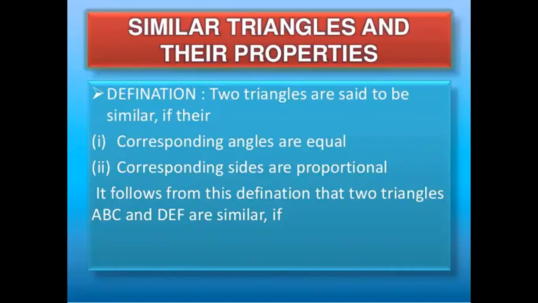Angles are equal, no matter how big one triangle is and how small the other is, their corresponding angles are equal. Or their corresponding sides are proportional. Although one is smaller and the other is bigger, if they are proportional, or can be put into a ratio, then we can say that those triangles are similar to each other.